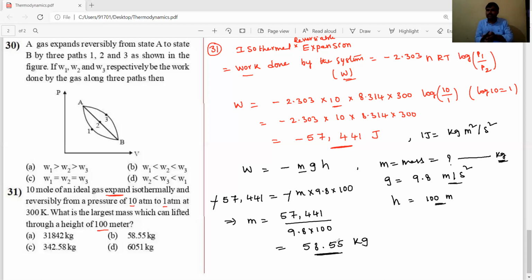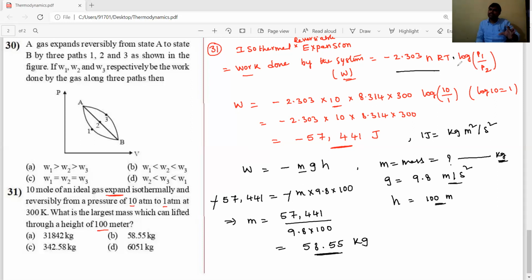The work is done by the system. The system did 57,441 joules of work, and an object of 58.55 kgs is moved up to 100 meters. So for the work done by the system, the formula in pressure cases is minus 2.303 nRT into log P1 by P2.